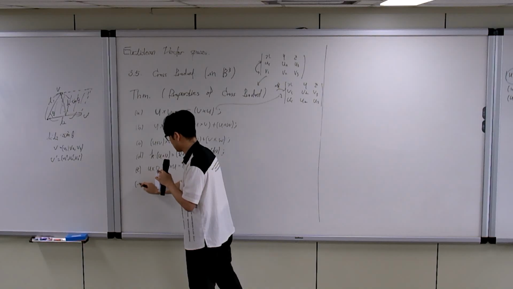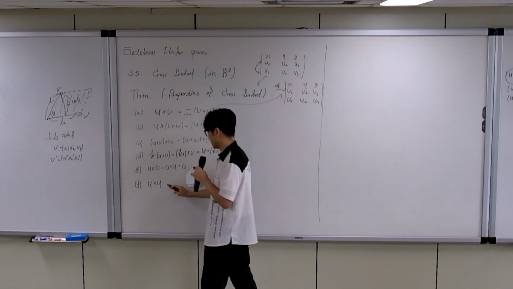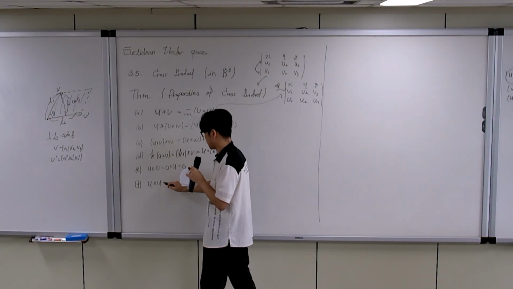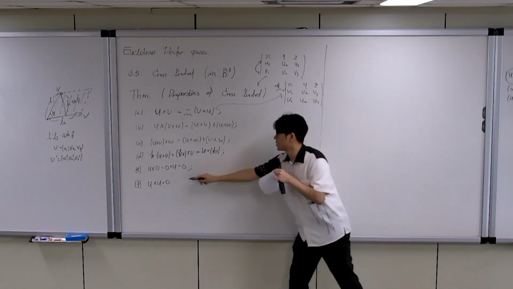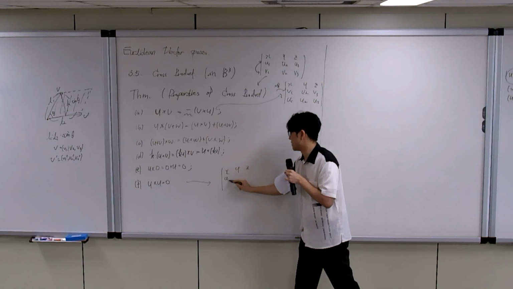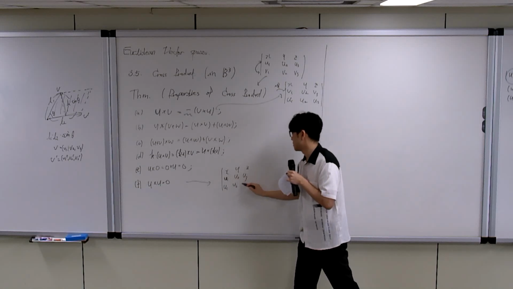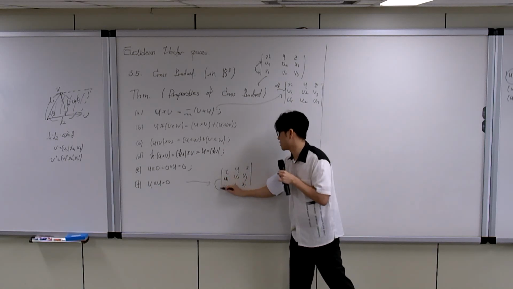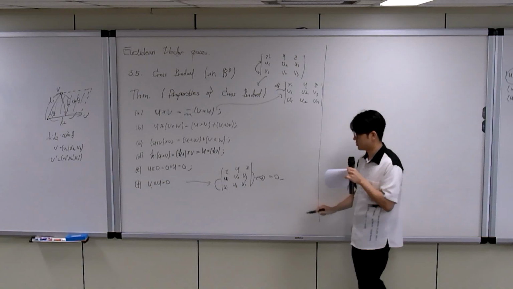And U cross U is also 0, because the determinant form will have a dependent column or dependent row. So that means the determinant is 0.